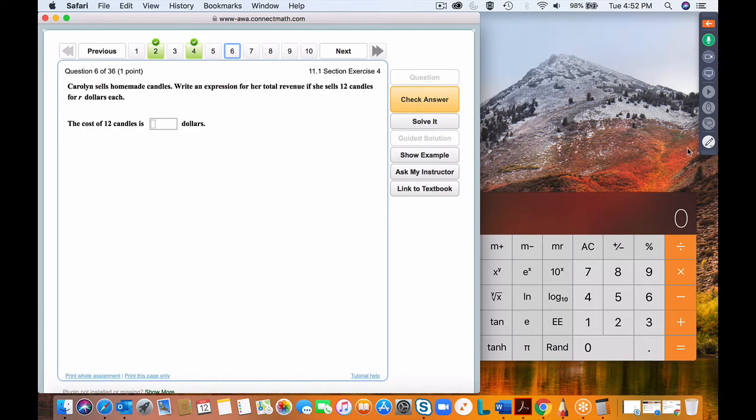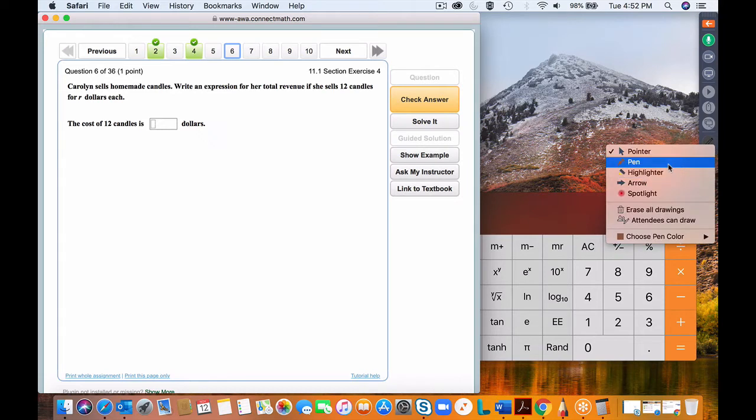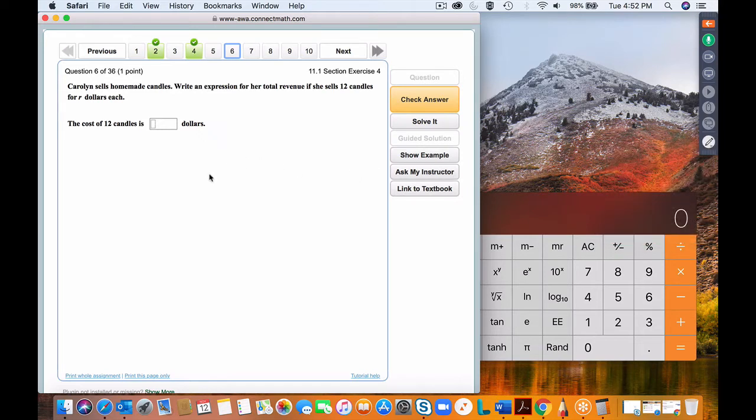We just write the expression, we have 12R. That's all. We just write 12 and then the letter R. The letter represents the money, how much you pay for the number of candles.